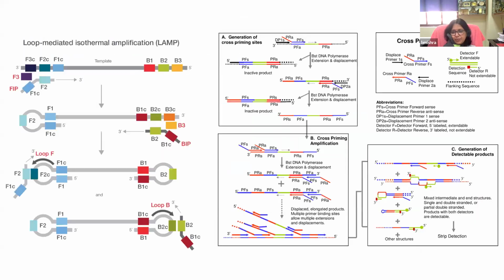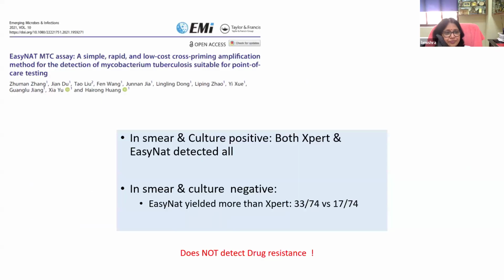This picture I'm showing just to give you the impression that multiple primers are there and the cross-linking is happening as it happens in the LAMP system. Though technically it is quite complex, I'm not going into the technical complexity. This is just to give you the impression of how the cross-priming appears.